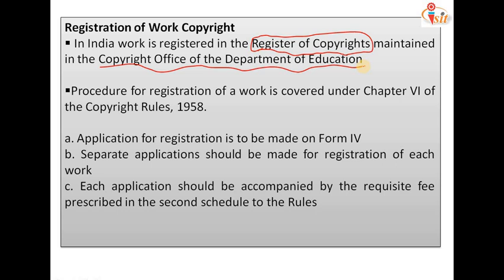So it is the general criteria, but the difference is where we have to make the application, where it gets published, and then what is the requirement of the application. So there is somewhat of a difference in this procedure, so you have to go through it thoroughly and read it.